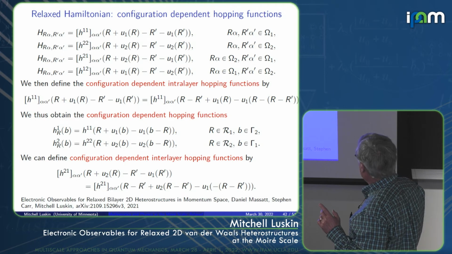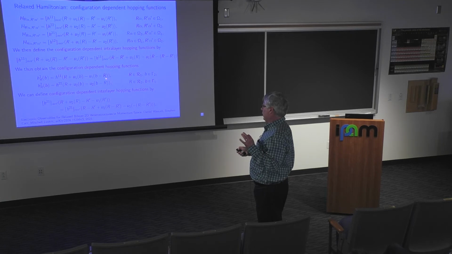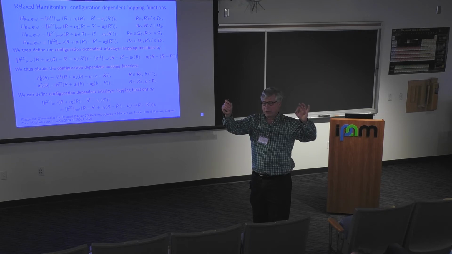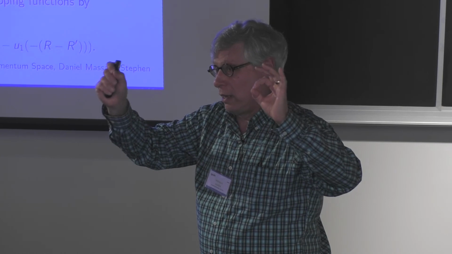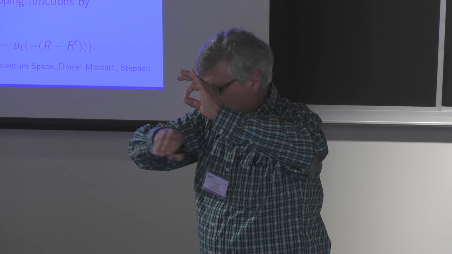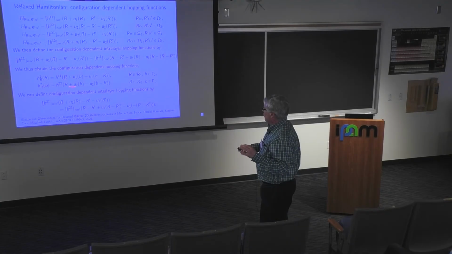What that means is I can define a new hopping function, H sub B, that is configuration dependent, and that's just defined this way. Normally you just define a hopping function as a function of R, but now it also needs to depend on, say, if R is on layer 1, where you are with respect to the atoms on layer 2. So you have these new terms.